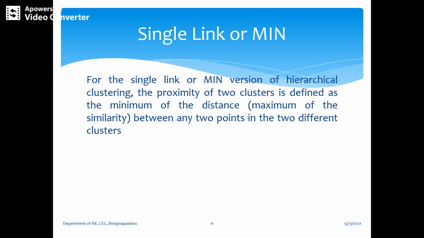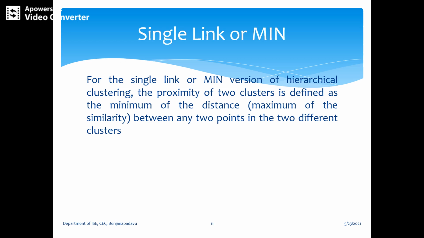For the single link or minimum version of hierarchical clustering, the proximity of two clusters is defined as the minimum of the distance, or the maximum of the similarity, between any two points in the two different clusters.